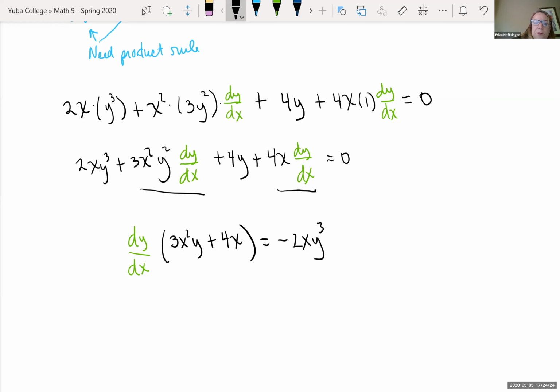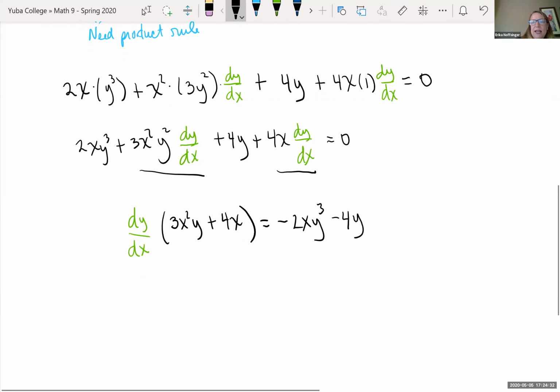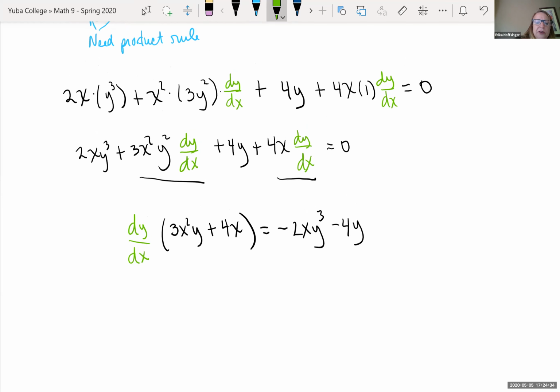We would have also subtracted this 4y, so minus 4y. So to get dy/dx by itself, all we have to do now is divide by what's inside that parentheses. And so we get negative 2xy cubed minus 4y, all divided by this 3x squared y squared plus 4x.